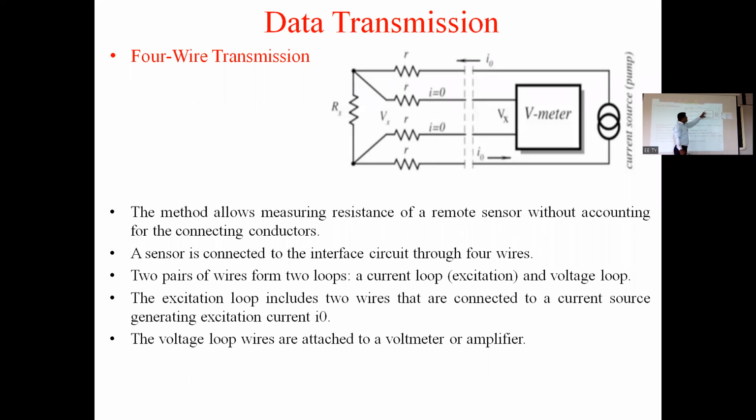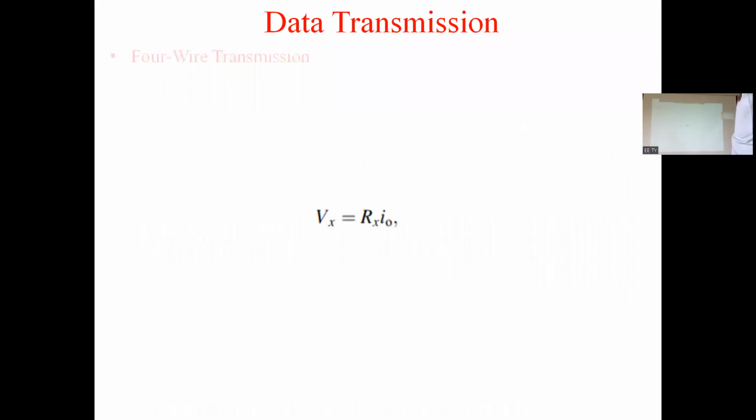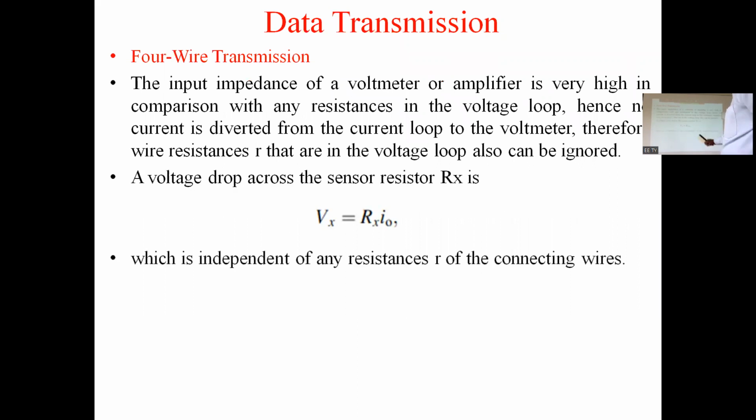Due to that, हा जो काय generate होणारा current आहे, no current will be passing through that voltage loop. The impedance is very high in comparison with the resistor in the voltage loop. Hence, no current is diverted from the current loop to the voltmeter.